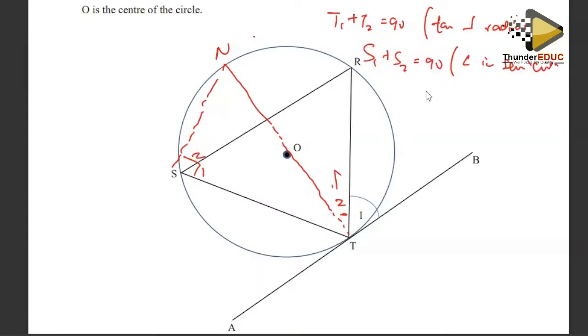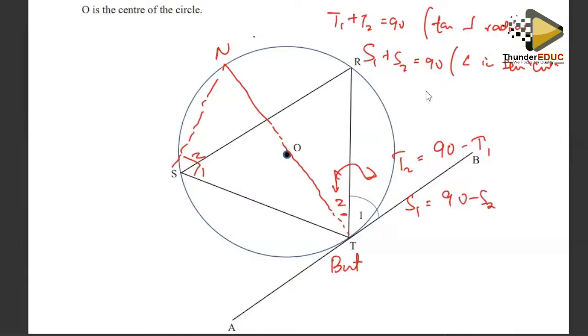So if that is true, meaning that S1 is going to be the same as T1. How is that possible? Because that's 90 and 90, meaning that our T2 is going to be 90 minus T1. Okay, and then when you look at S1, it's going to be 90 minus S2.